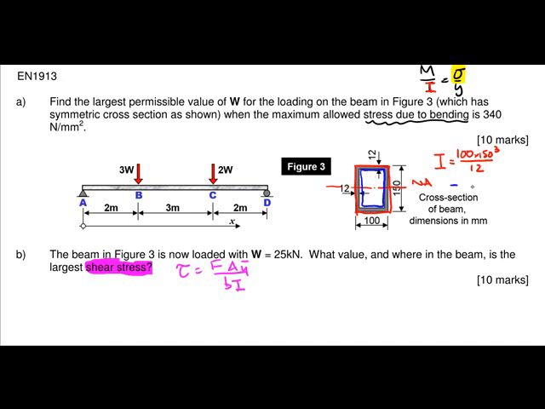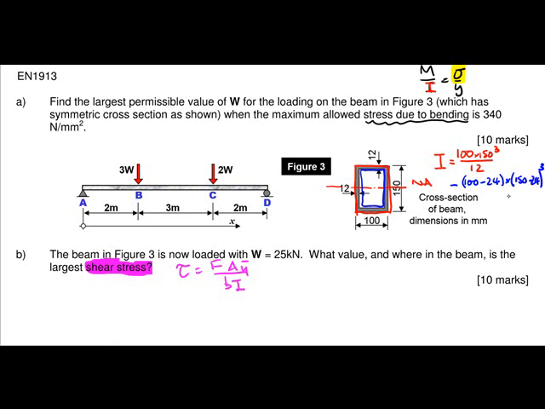For the inside, the breadth is 100 minus 2 lots of 12, because there's a 12 thickness there and a 12 thickness there. So it's 100 minus 24, that's the B. The depth is 150 minus, again, 2 lots of 12, so 150 minus 24.